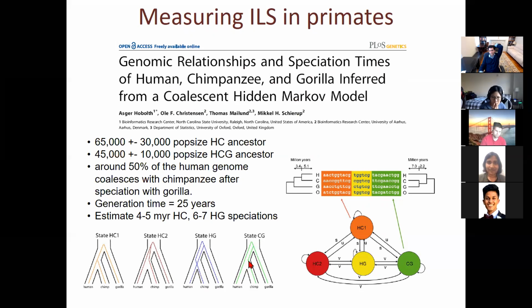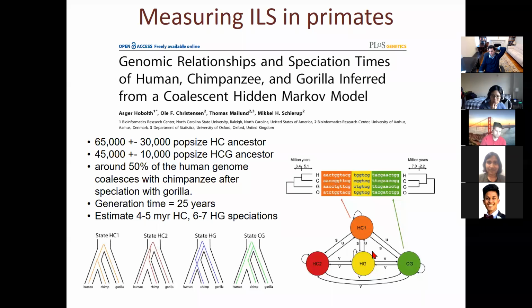And that's simply because the ancestral population level variability between individuals of the same population has been maintained through these speciation events that happened relatively recently and in relatively short times. So given the population sizes of the human-chimpanzee or human-chimp-gorilla ancestor, around 50% of the human genome coalesces with chimpanzee after speciation with gorilla, given a generation time of 25 years and this amount of time between speciation.